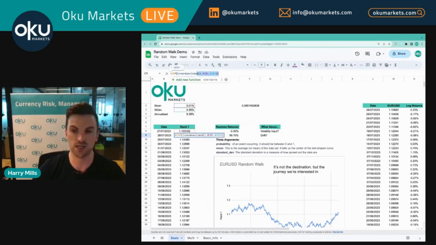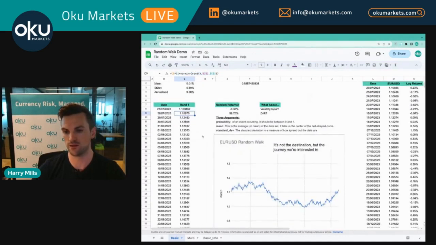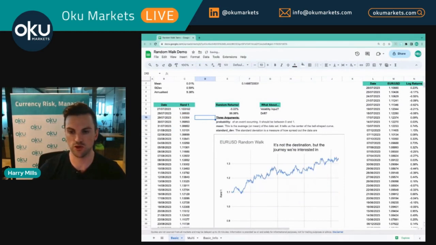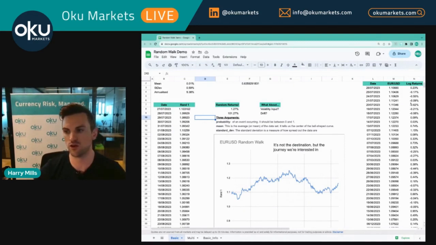Again, I can give this to anybody after the call. It's absolutely fine. And that, once we refresh it, gives us these nice random price changes per day. And it looks like a real market chart, doesn't it? Because it's exhibiting similar levels of volatility on an intraday basis than the actual market has in the past.